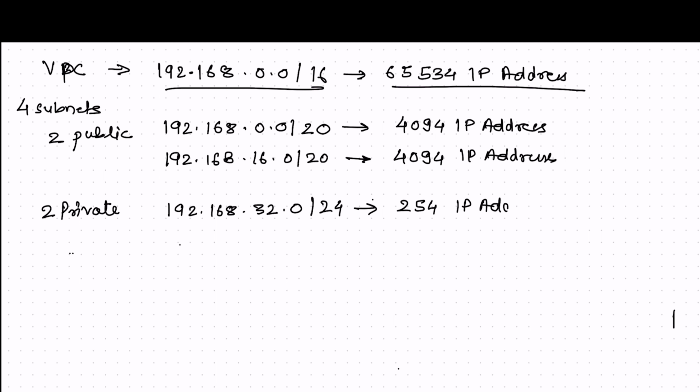The primary IP address is used by the host for communication with the outside world, and the secondary IP addresses, where you can attach multiple IP addresses, are used by the CNI plugin, and we'll see how.